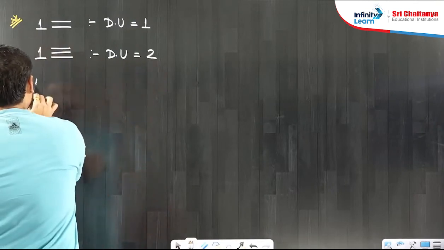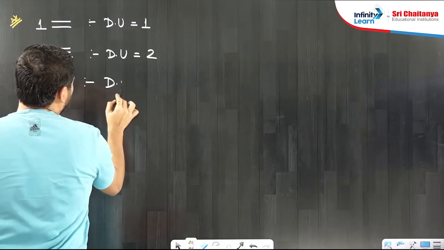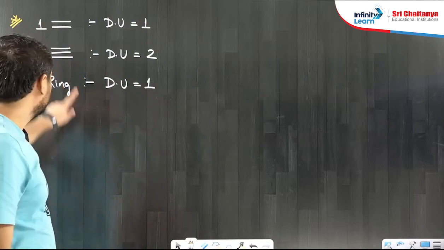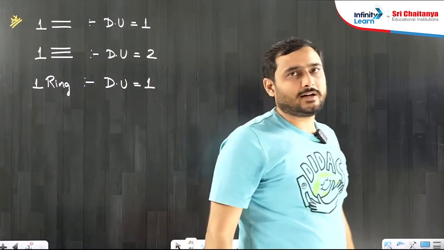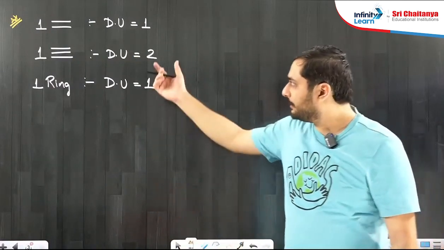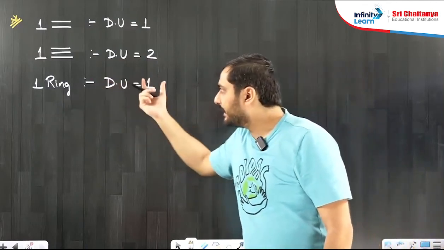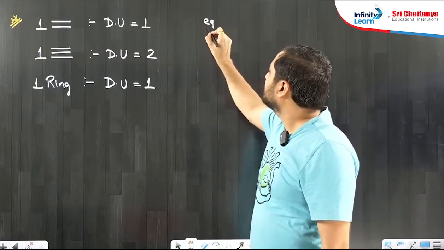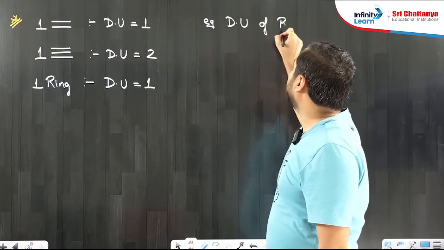If a compound contains one ring, the degree of unsaturation is 1. So we have to remember these points: double bond 1, triple bond 2, and one ring 1. Now I am asking one question. You have to tell the degree of unsaturation of benzene.